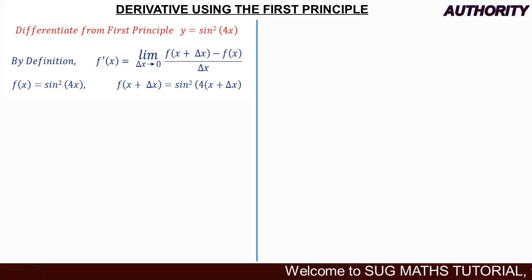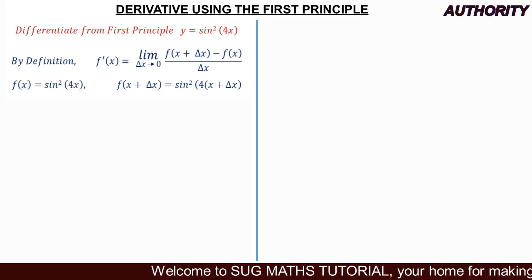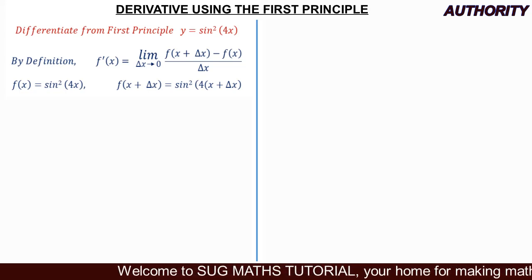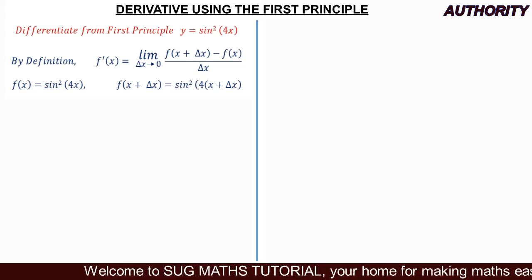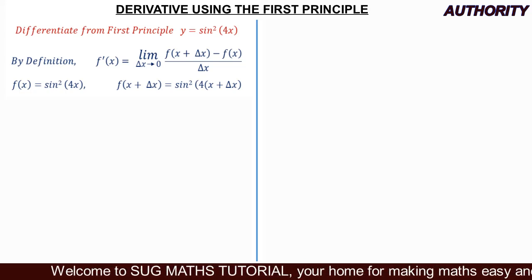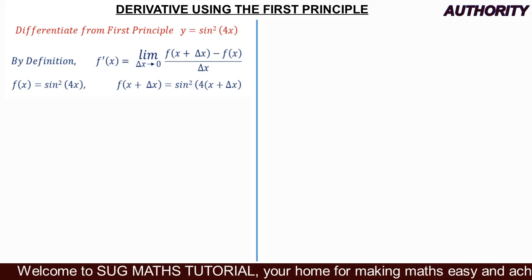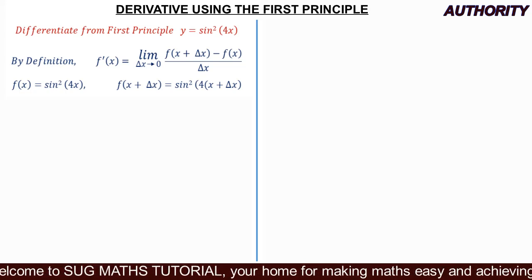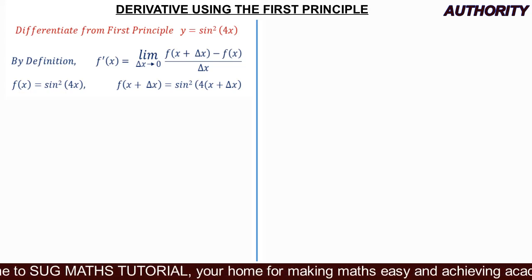Are we together? So we have a function for this x plus change in x, and we also have our original function, which is f of x. So here now, what we have is sine squared 4x, and in the place of x now, we are going to have x plus change in x.